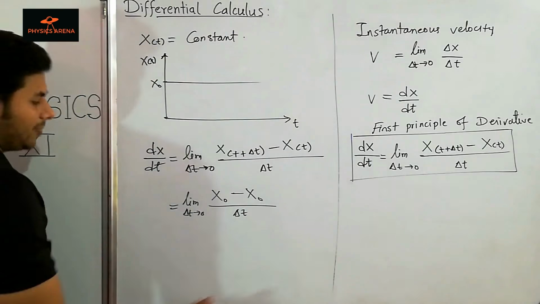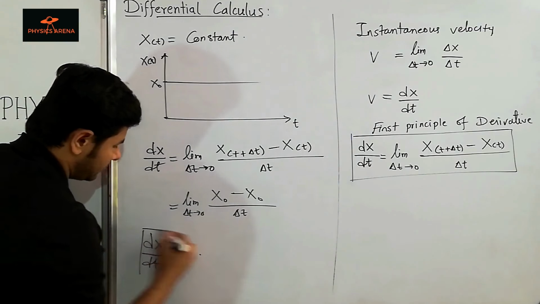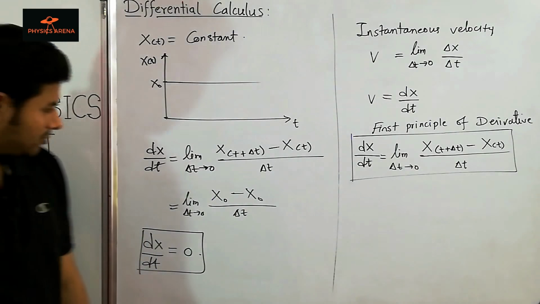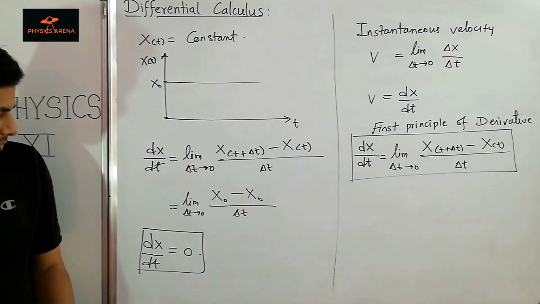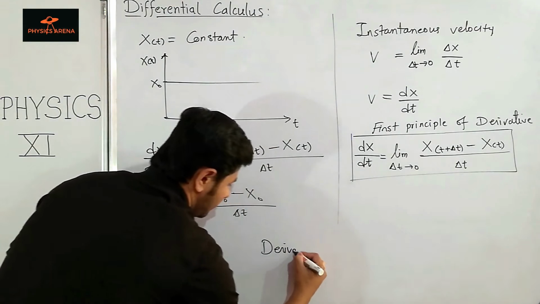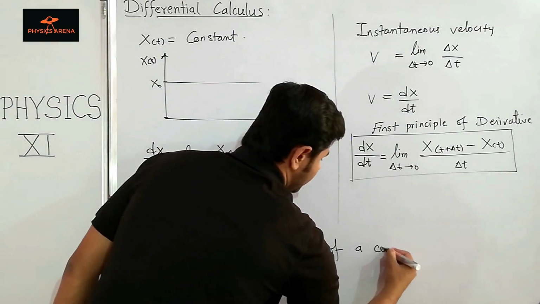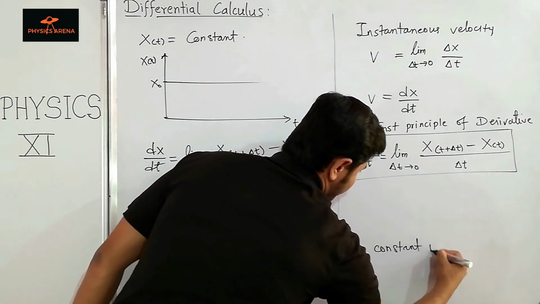So x naught minus x naught is 0. So dx by dt is 0. So we conclude that the derivative of a constant is 0.